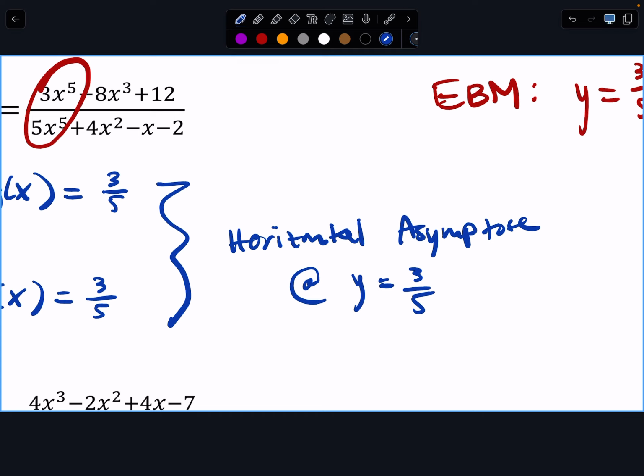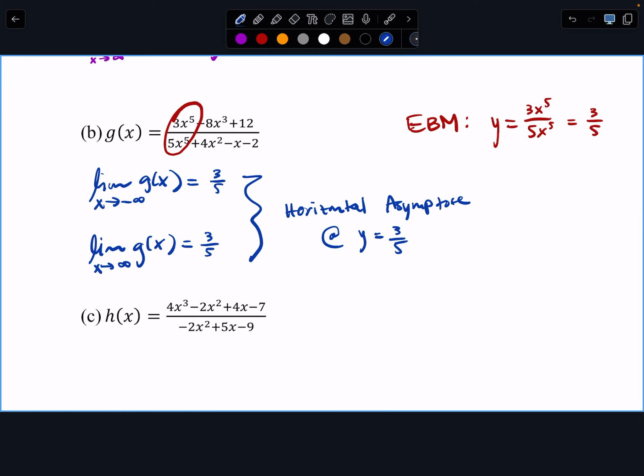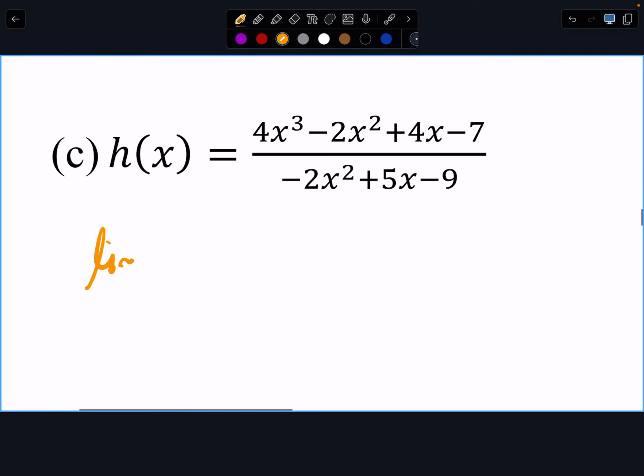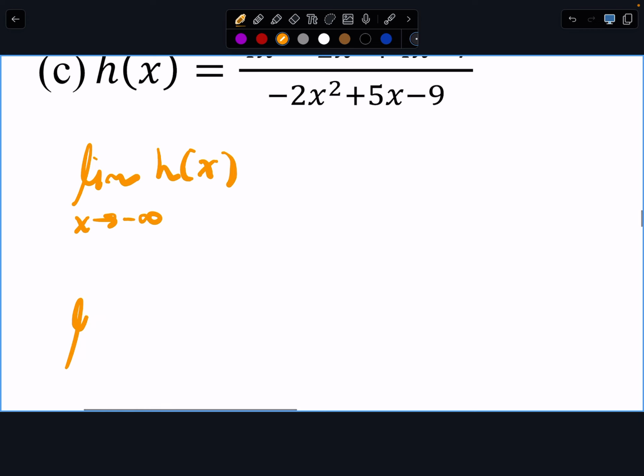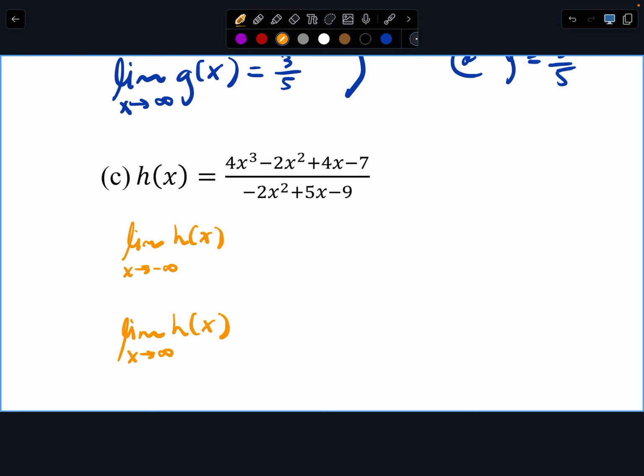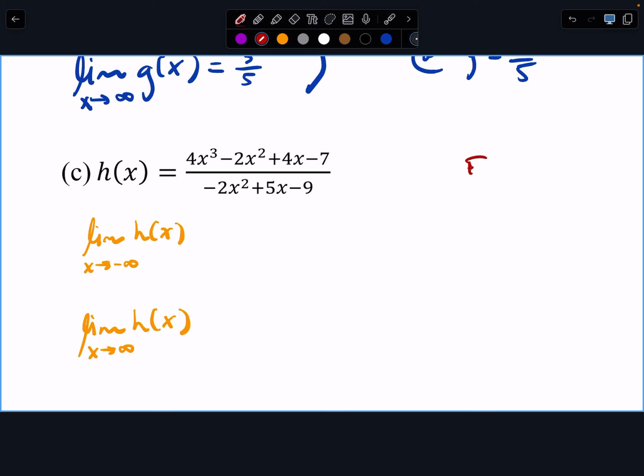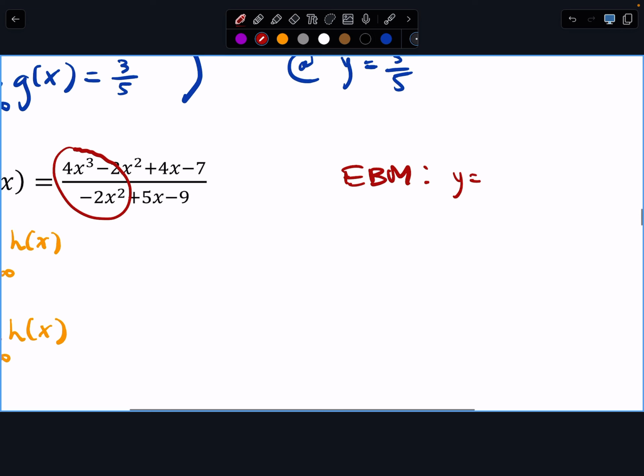Next one we're going to end on for today is h of x. So again, thinking limit as x approaches negative infinity of h of x, as well as the limit as x approaches positive infinity of h of x. Thinking end behavior model, which is side work, I'm like, okay, this ratio here. So y equals 4x cubed over negative 2x squared, which simplifies to be what?